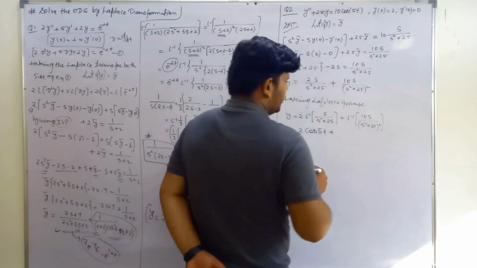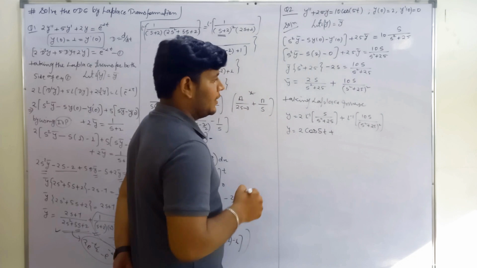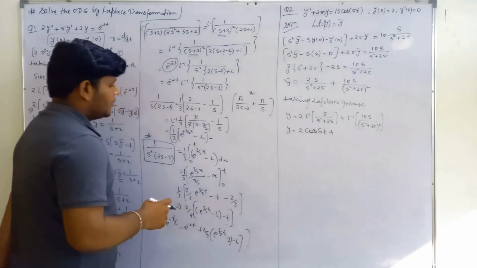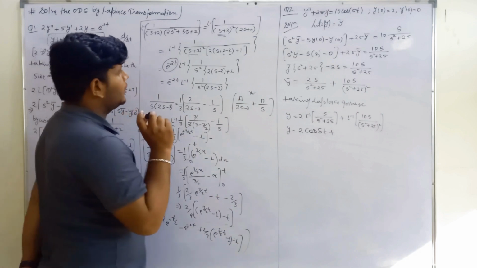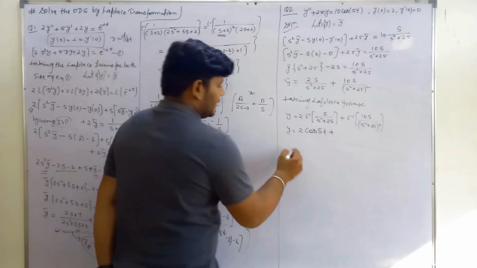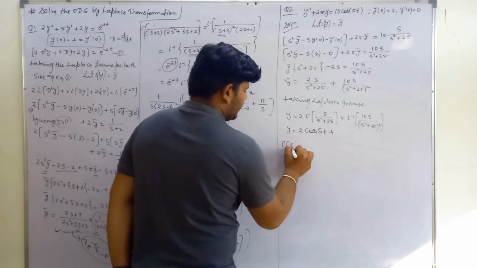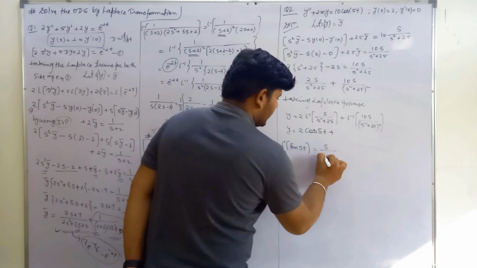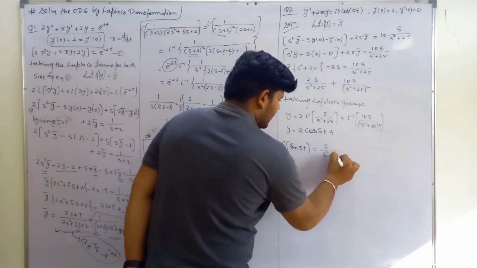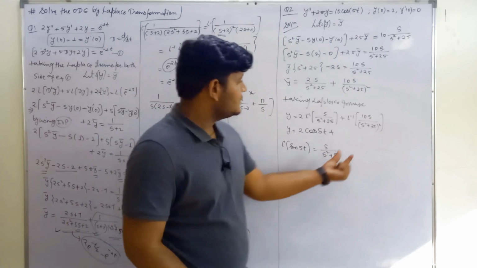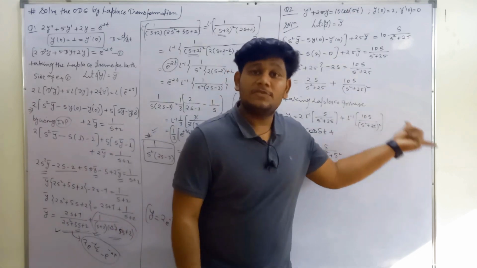But what about this whole square and 10s? The Laplace transform of sin 5t is nothing but 5 upon s² + 5². Now here it is (s² + 5²) whole square.